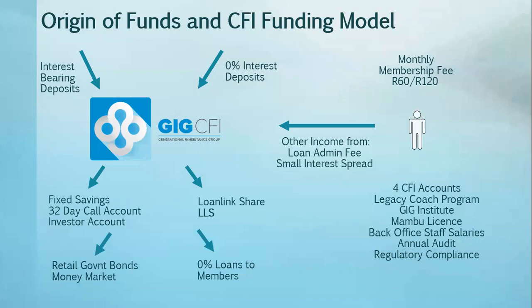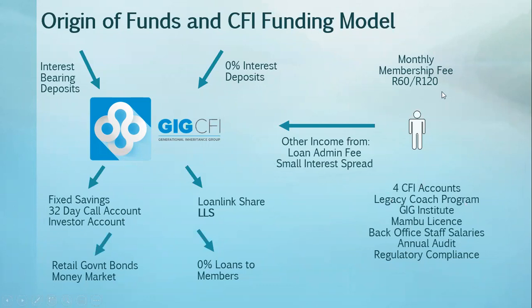Then we have to comply with the regulations and submit annual audits, and that costs money. And then also the regulatory compliance to the National Credit Regulator, NCR, as well as the South African Reserve Bank, where we fall under the Prudential Authority. But all of that is funded out of the 60 or 120 Rand per month.